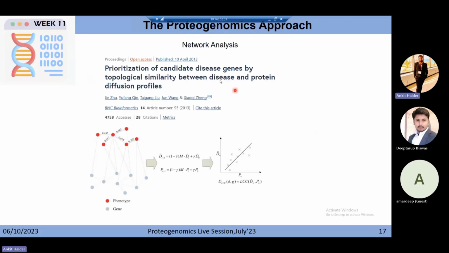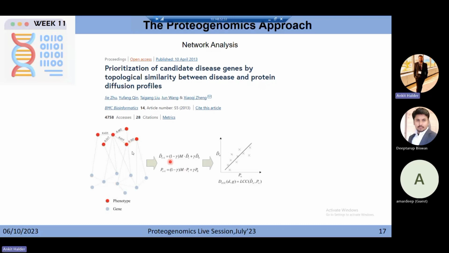So here, this manuscript is talking about the prioritization of the candidate disease genes by topological similarity between disease and the gene profiles, and topological similarity between disease and protein diffusion profiles. So that's what we were talking about. So you can see that this is a phenotypic condition available and the genes responsible for it.